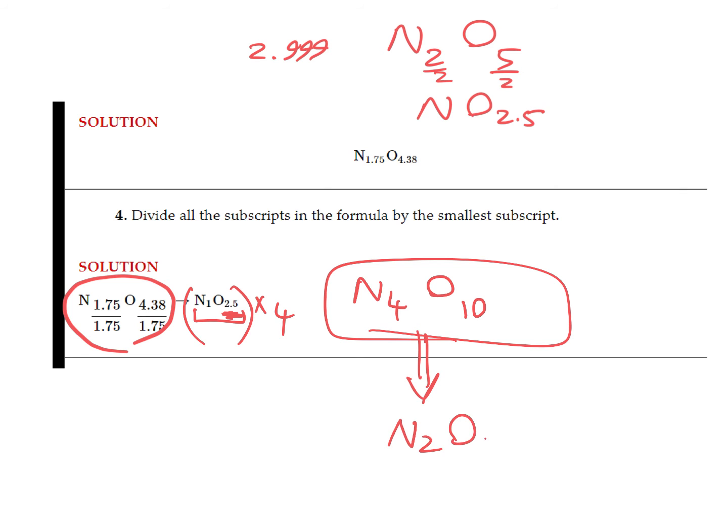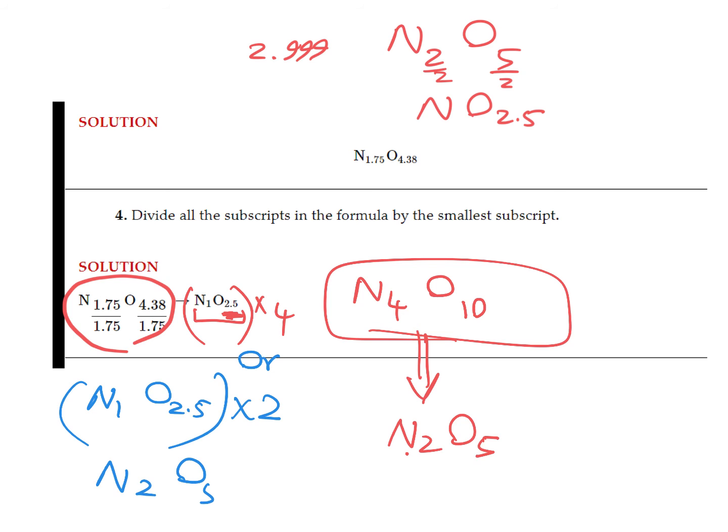N2O5. Exactly. So as your friend did, sometimes it's easier for us to work with tens. So 2.5 and 4, we know that, it's just more tangible. So you're welcome to do this, or you can just multiply this by 2 from the beginning and write N2O5.